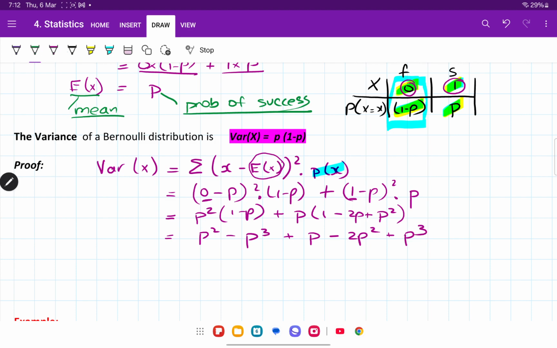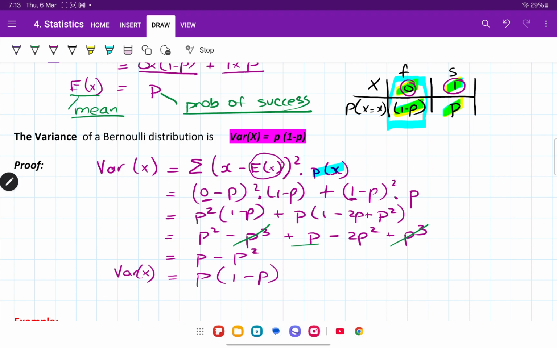The p cubed terms cancel out, don't they? So p squared minus 2p squared is minus p squared, and then we've got plus p. We end up with p minus p squared, which is p outside of (1 minus p). And there is our variance.